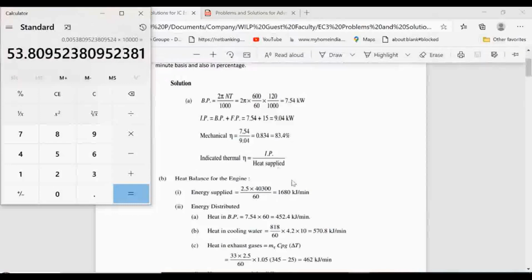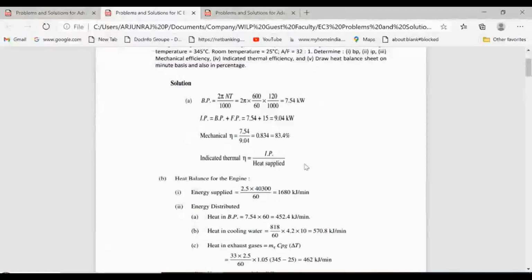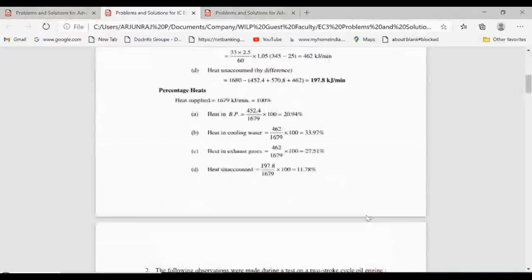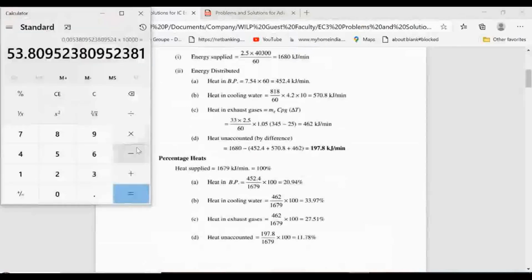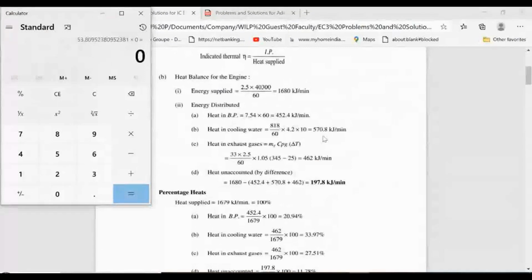But you see here, when you're doing it in minutes, you already get the value in terms of minutes.